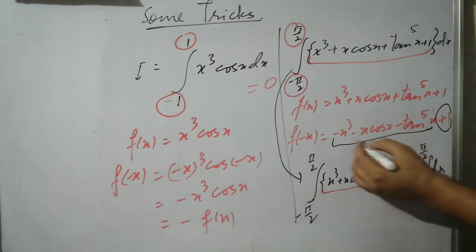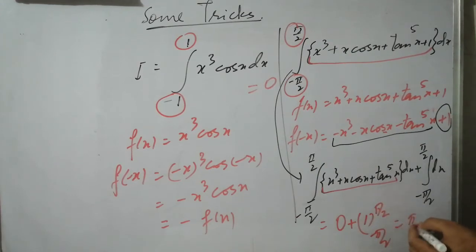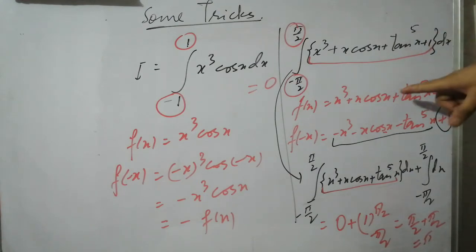This is an odd function, हमने अभी पढ़ लिया, यहाँ से माइनस कॉमन आ रहा है. So this is 0 plus ये 1 हो गया, minus pi by 2 to pi by 2. Answer is what? pi by 2 plus pi by 2 equal to pi. So pi is the answer. This is a very interesting question. You can expect this question more in exams as compared to the previous examples that we have discussed.